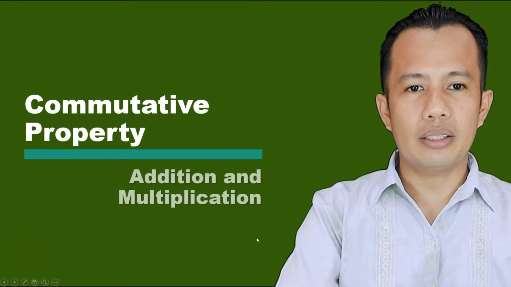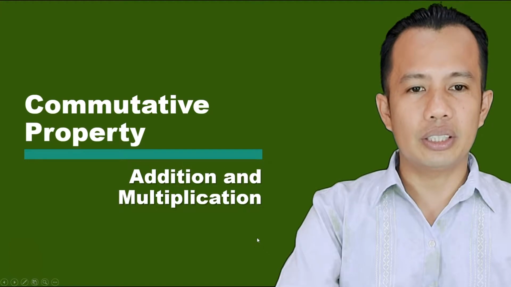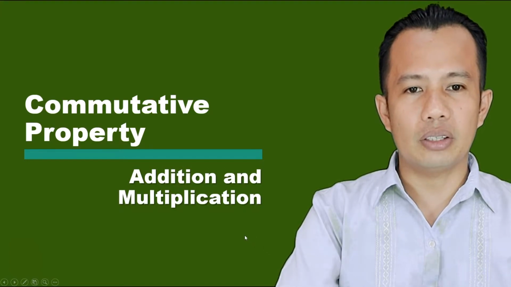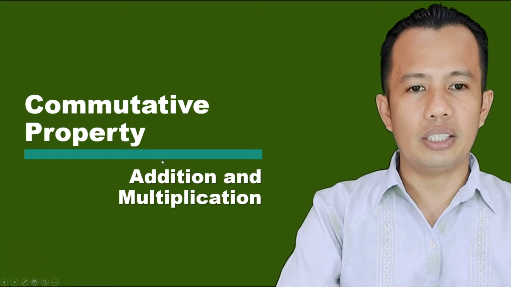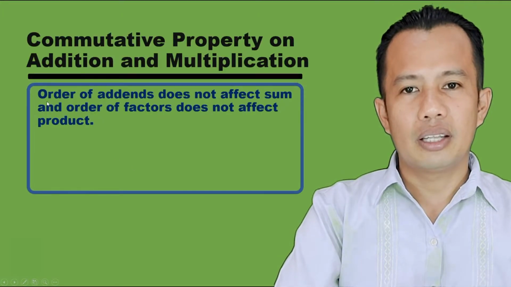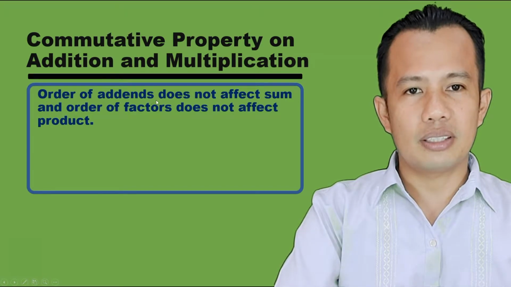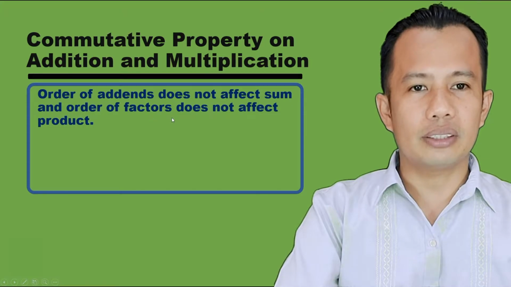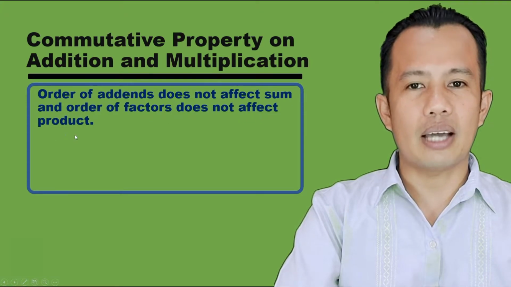Commutative property on addition and multiplication. Take note, commutative property is only applicable on addition and multiplication. Let's see what commutative property is all about. It says here that order of addends does not affect the sum and order of factors does not affect the product.